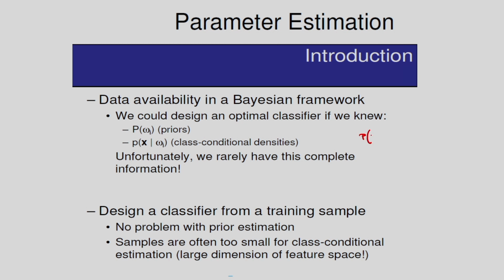In case of the Bayesian decision theory, I have to determine the probability of Wj given x, and that is nothing but the probability of x given Wj, that is the likelihood, times the probability of Wj, divided by the sum over j equal to 1 to c of probability of x given Wj times probability of Wj.